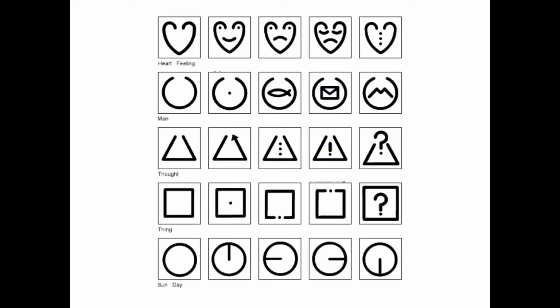It's also why you can understand what these symbols might mean without ever seeing them before. Let's take something super simple like the last one, the sun and day. The circle represents the sun, and you could imagine the second one would possibly be a symbol for noon, since that's when the sun's the highest in the sky.